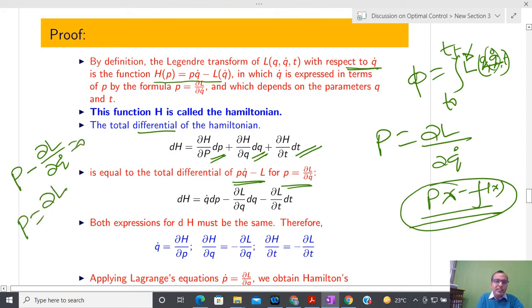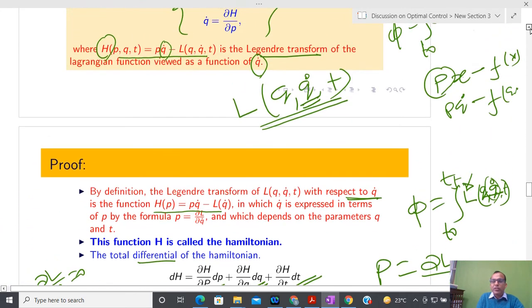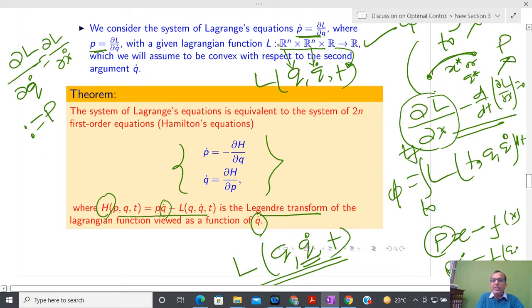This is the motivation to define p equal to dou L by dou q dot, whatever we have seen in this particular theorem. Because we have chosen p equal to dou L by dou q dot, dou L by dou q becomes p dot, that is automatic.